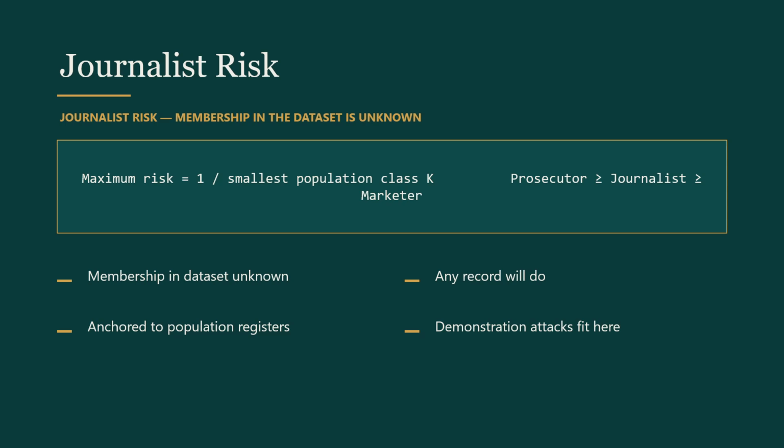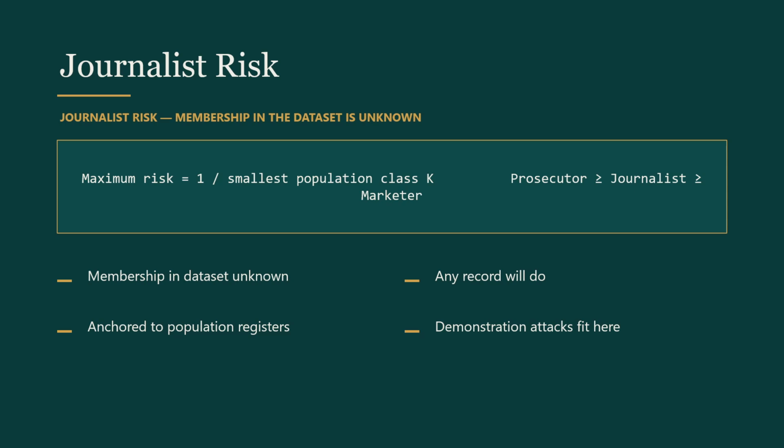So journalist risk is anchored to population class sizes, the capital K from Module 3, not the sample K. That is why it is always less than or equal to prosecutor risk, and the hierarchy is worth memorizing. Prosecutor risk is greater than or equal to journalist risk, which is greater than or equal to marketer risk, always.